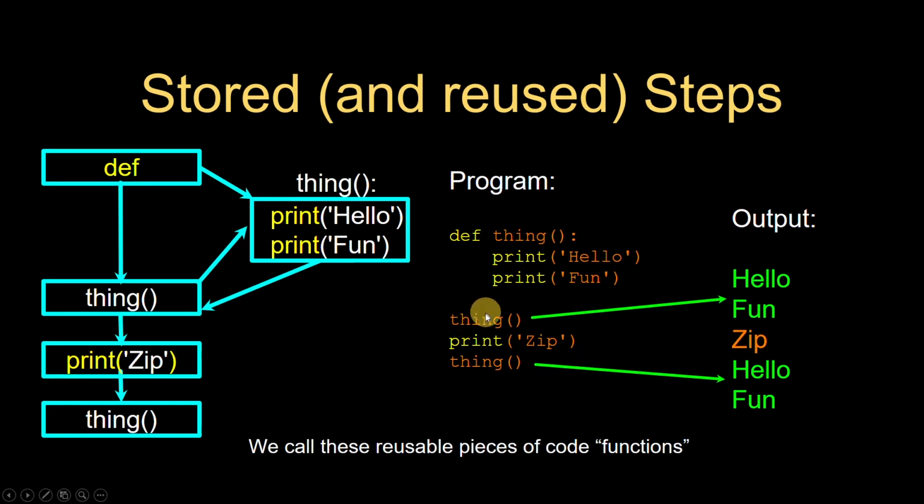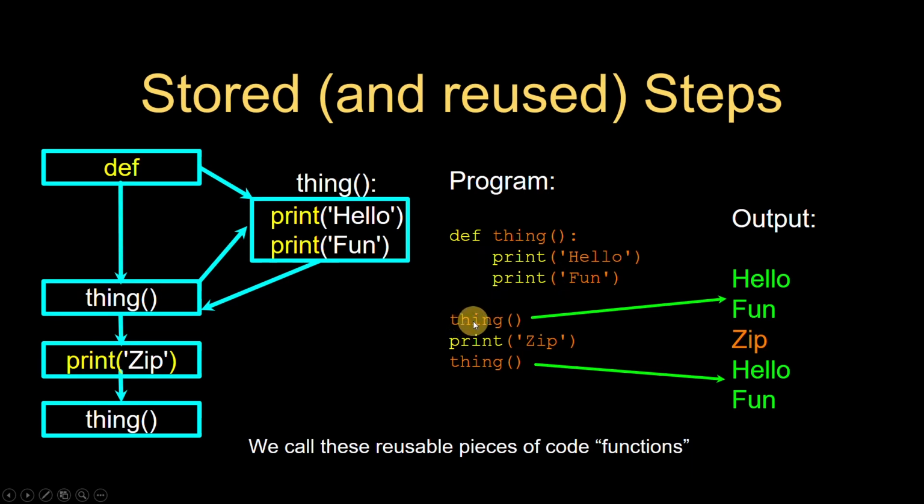So when we call this thing, it will go to the thing function, execute this print statement hello, and then execute another printf statement fun, and then come back to the thing function call. If you have a further expression in that same line, it will do that expression.